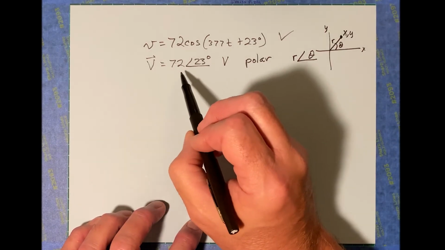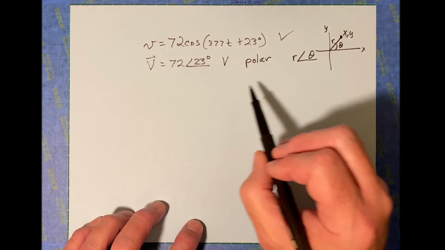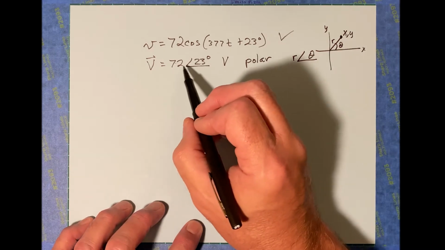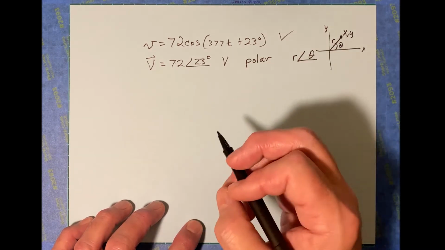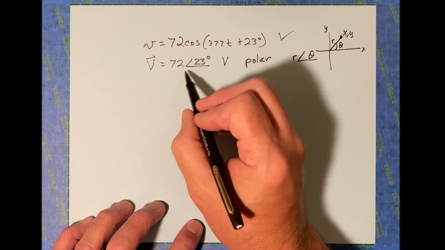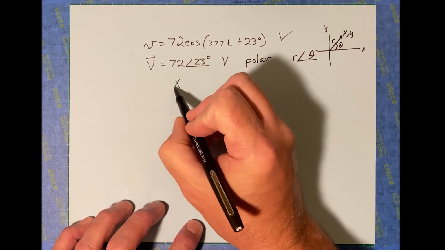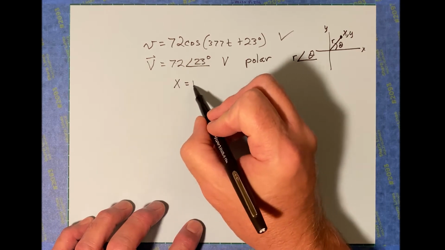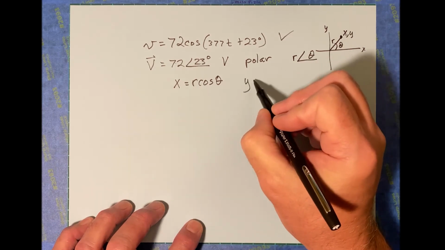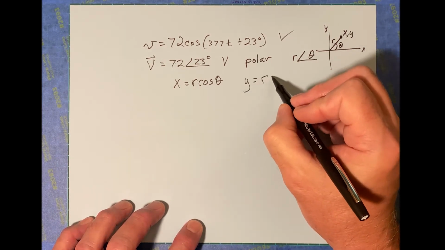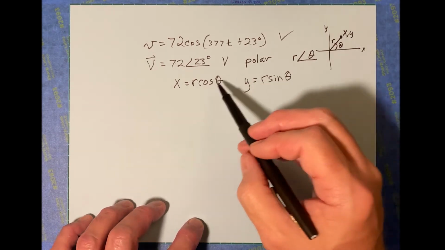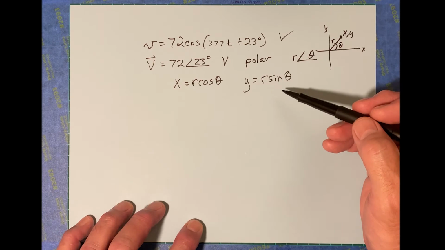So if I wanted to express this right here in xy coordinates, I would have to do a transformation from polar to rectangular coordinate system. So in rectangular, if you want to do the transformation, the x is equal to r times the cosine of the angle. The y is equal to r times the sine of the angle. So these are used for transformation from polar to rectangular.